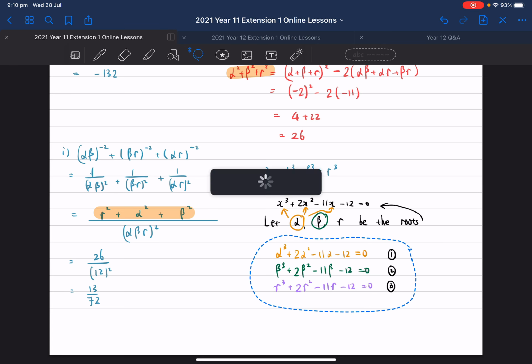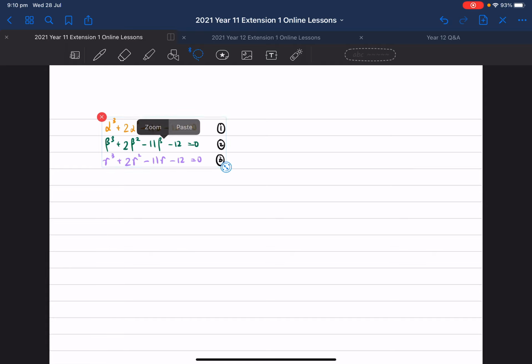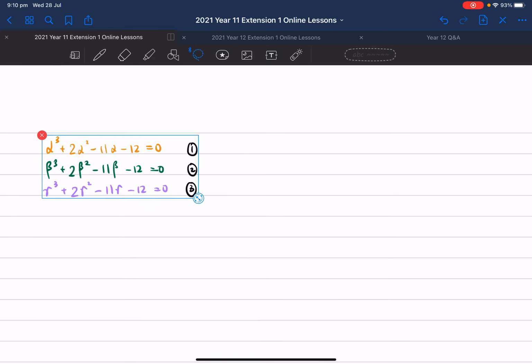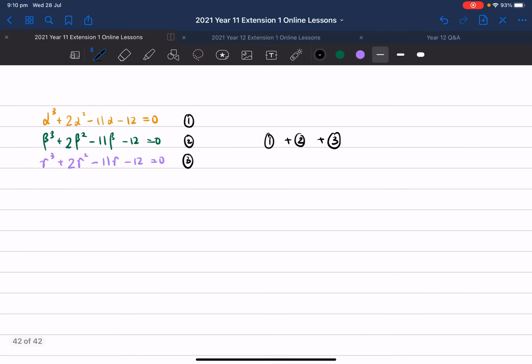All right, so let's copy this one down and put it here. Combining these three equations means I want to add these three equations together. Don't be surprised, we'll add them together. When we add them together, I want to factorize straight away. So look at this question we have.